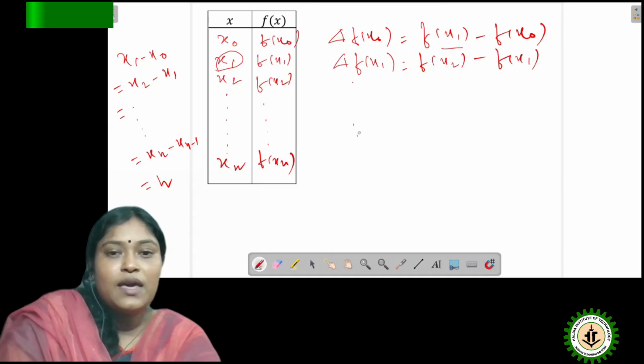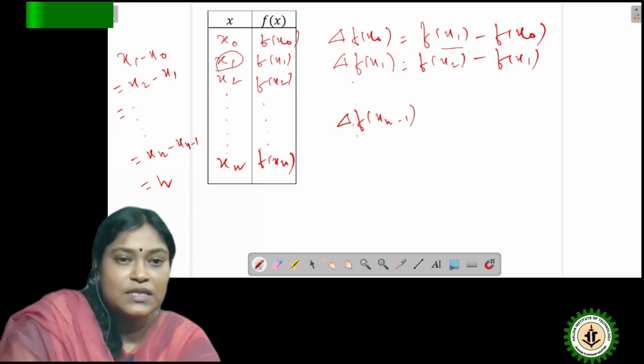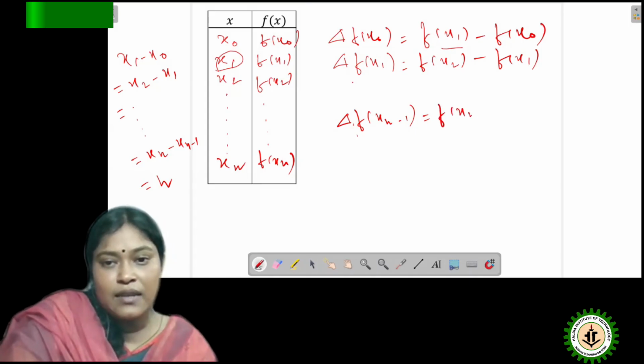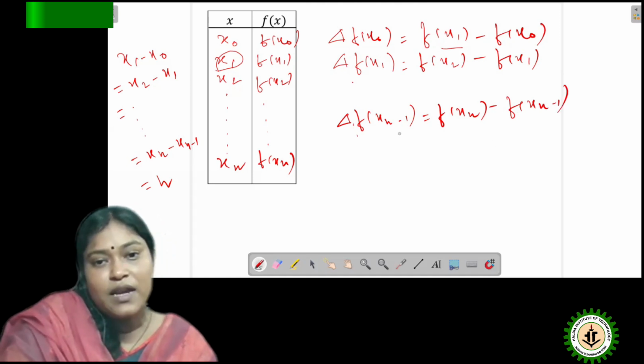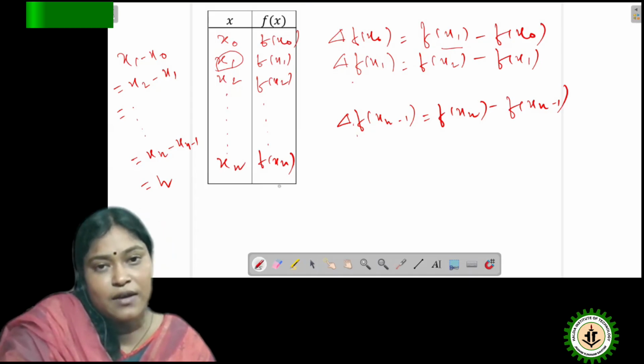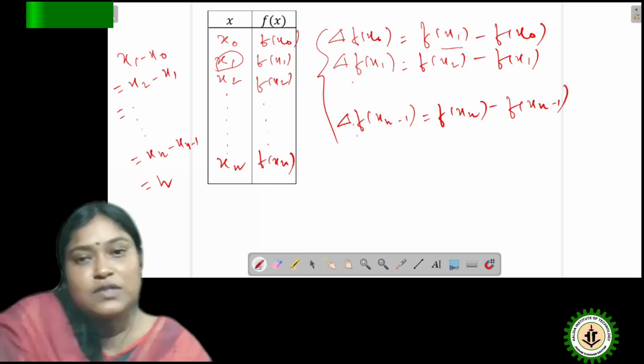In this way, we can find up to delta f(x(n-1)), which is f(xn) minus f(x(n-1)). We can't find delta f(xn) since f(x(n+1)) is not provided in the given data. So these are all first order forward differences.